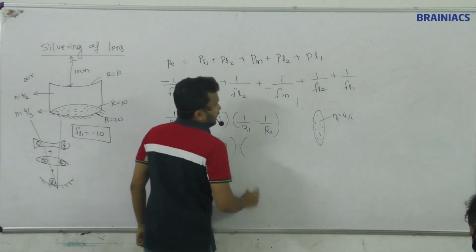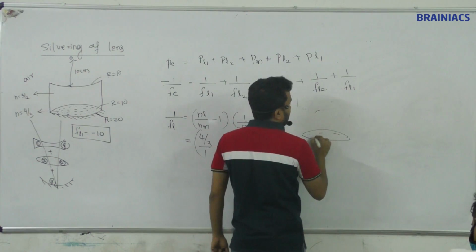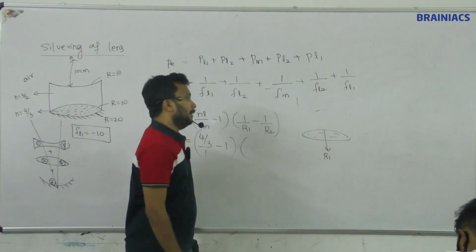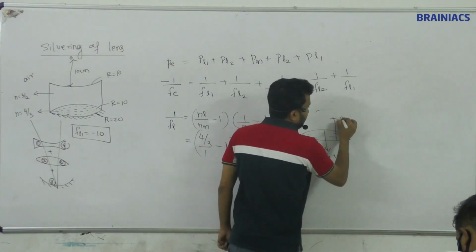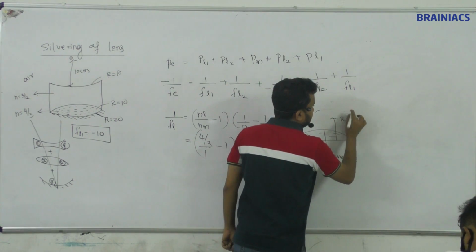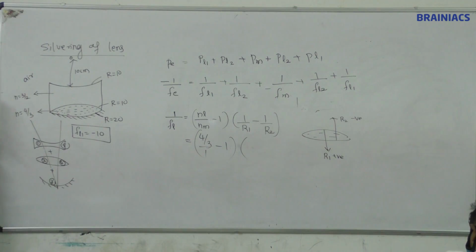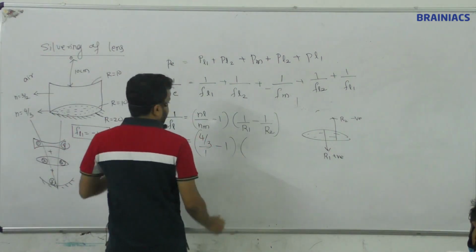The curvature structure looks like this. This is R1. R1 is positive, R2 negative. R1 positive and R2 negative.